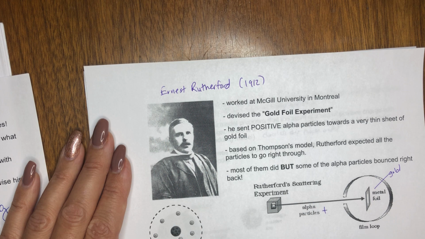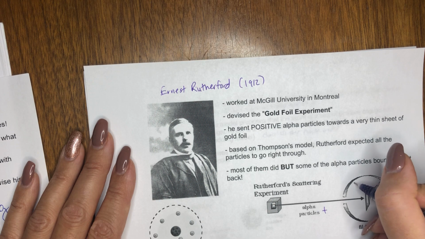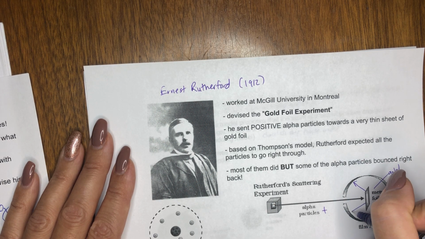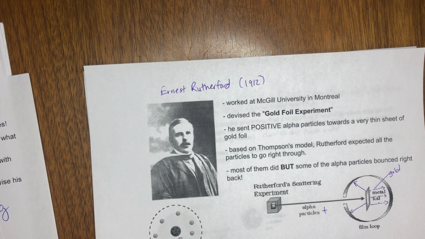Based on Thomson's model, he expected all the particles to go straight through. Most of them did, but some of them bounced right back. So particles are coming back like this. A lot went through. So what did that mean?